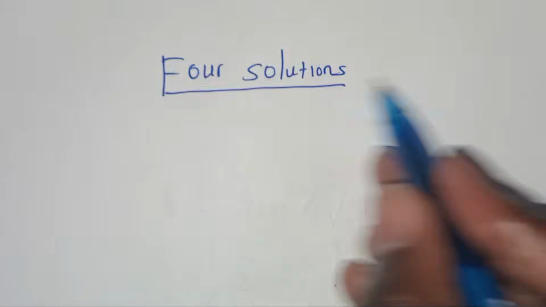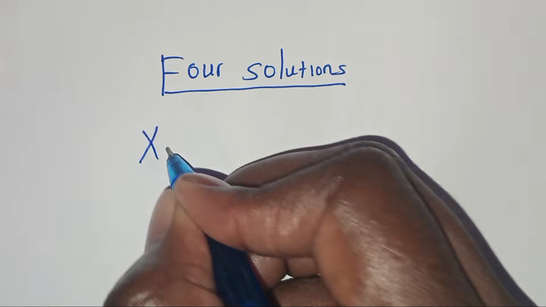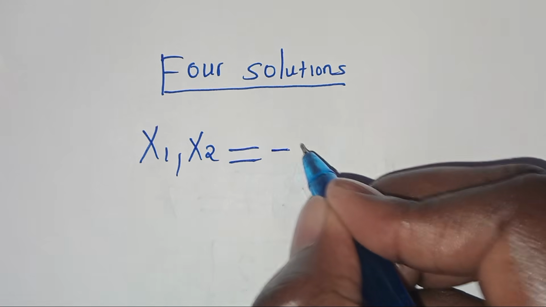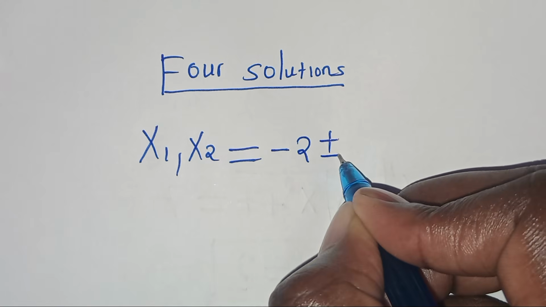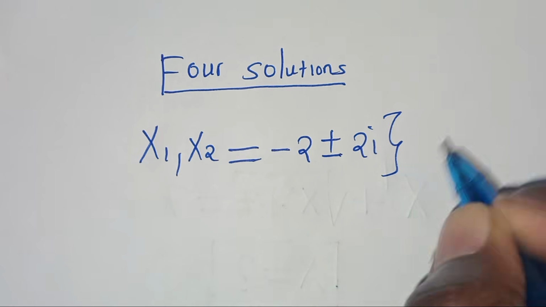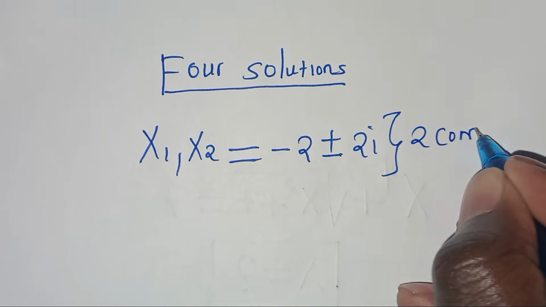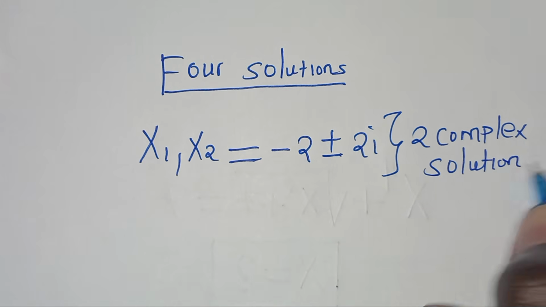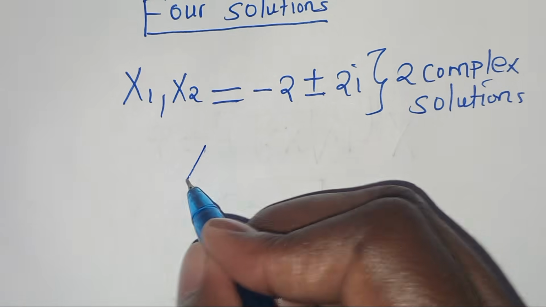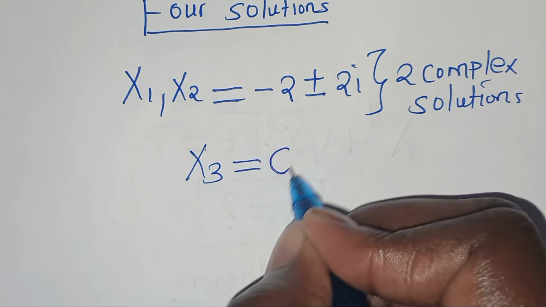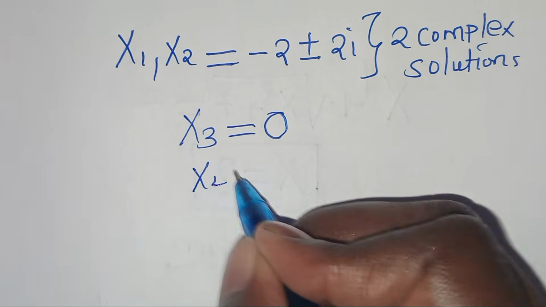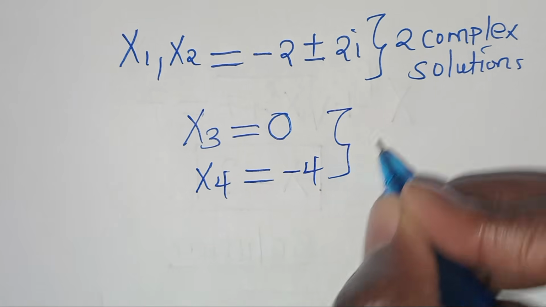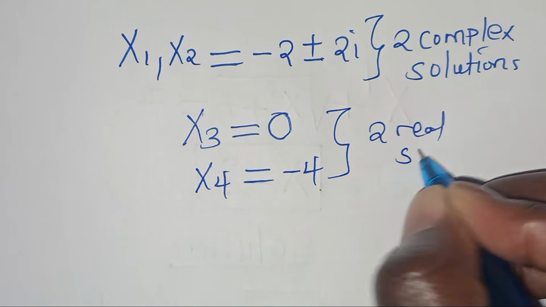Now we have 4 solutions here: x1, x2 equal to minus 2 plus or minus 2i, which are two complex solutions, and x3 equal to 0 and x4 equal to minus 4, which are two real solutions.